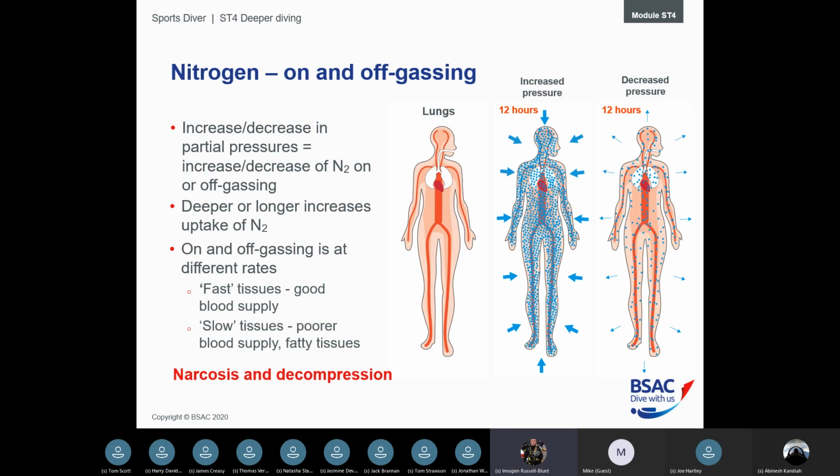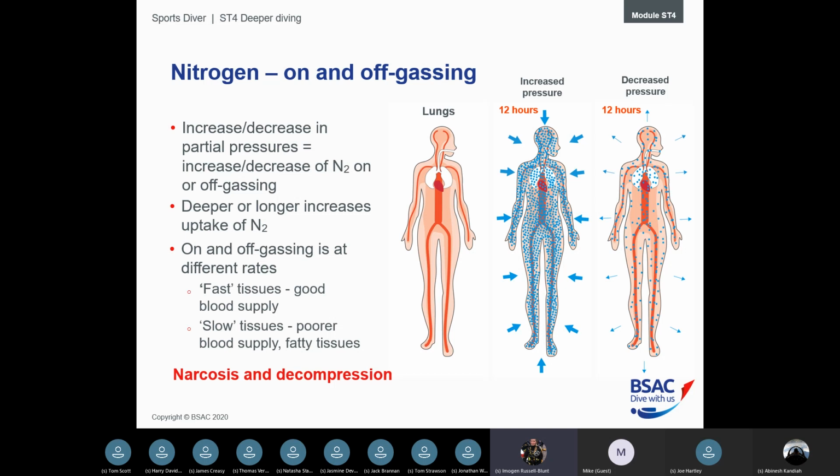Your nitrogen. In Ocean Diver, if you did Ocean Diver, you will have learned about on and off gassing, and you should understand the process of that. The change in partial pressure will also change your off gassing.